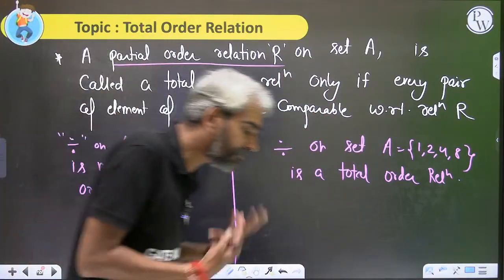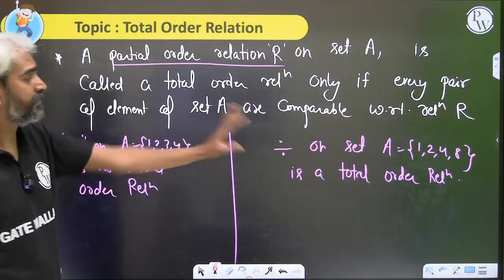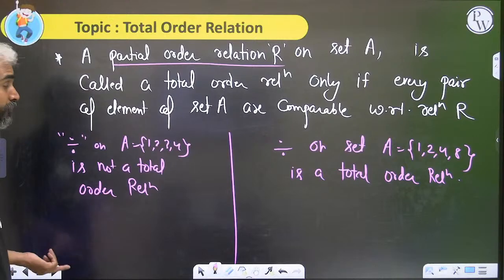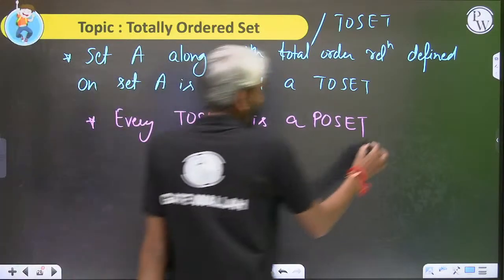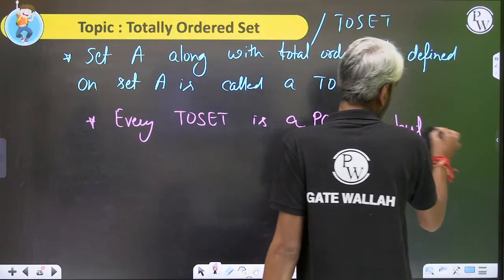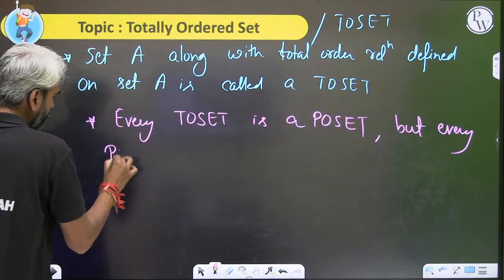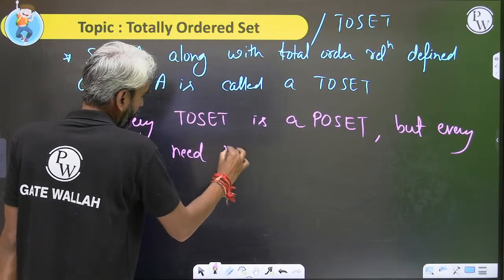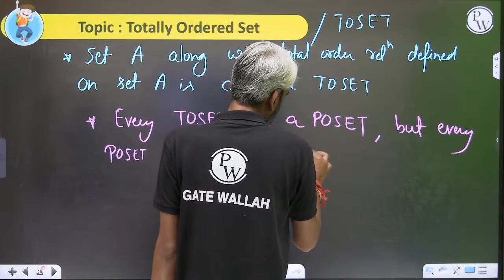Then we are checking whether this PO set is a TOE set or not. First of all, it will be a partial order relation. Therefore, every TOE set will be a PO set. But every PO set need not be a TOE set.